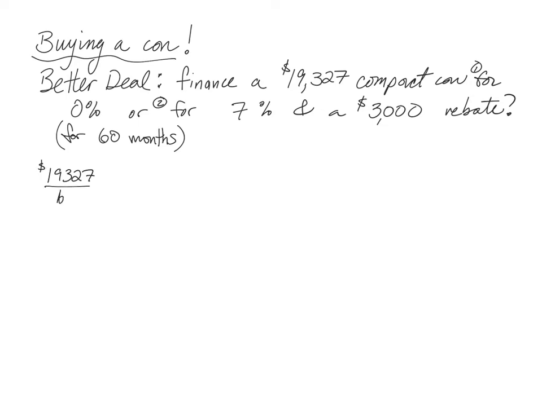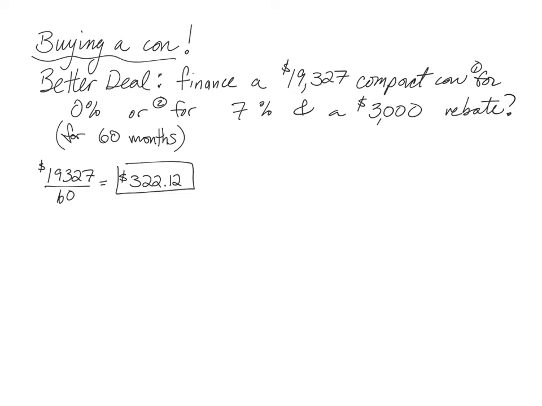In this case, it's 60, which would give you a monthly payment of $322.12. So your payment for the 0% interest would be $322.12 per month for all 60 months.